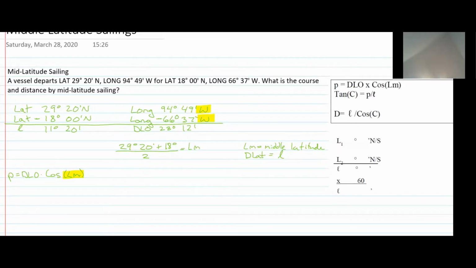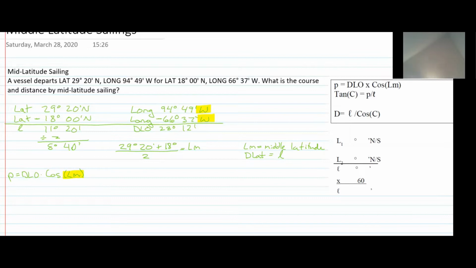If you don't have the latitudes in the same hemisphere, you'll need to do it a different way. So you'll get little L, and then you have to divide little L by 2, which is 5 degrees, 40 minutes.